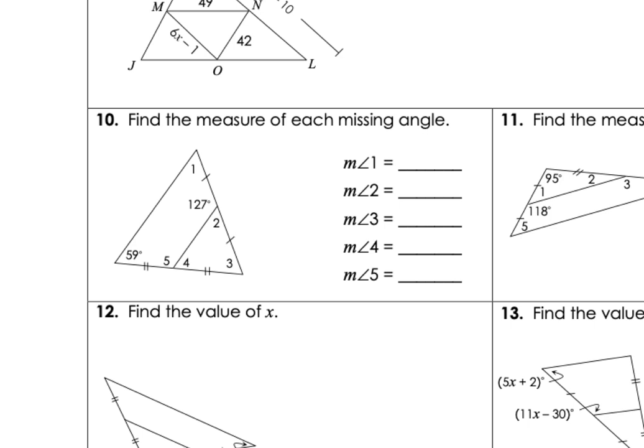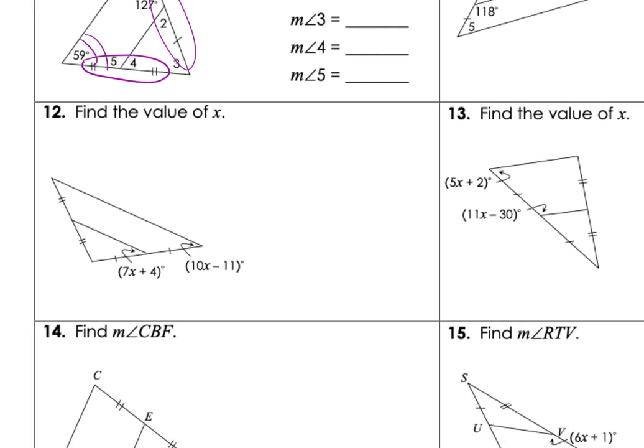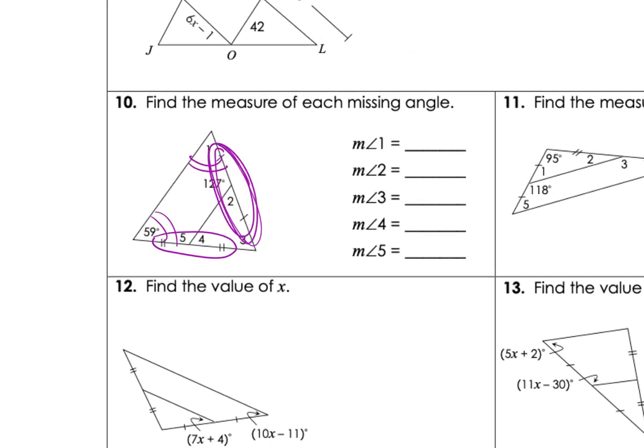Did they mark anything isosceles for us? No. So you have to be a little bit careful because it's tempting to be like, oh, those are congruent and those are congruent, so then these must be congruent because it's isosceles. But it's not. It would have to be this whole side is the same as this whole side, right? Not the pieces are the same as the pieces. So just be careful with that. We're not working with isosceles here.